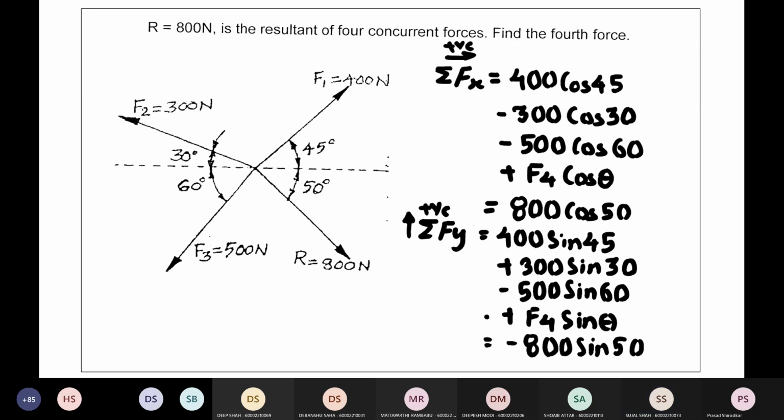No. Sir, 741.23. Correct. I am getting it slightly different, but it is almost correct.